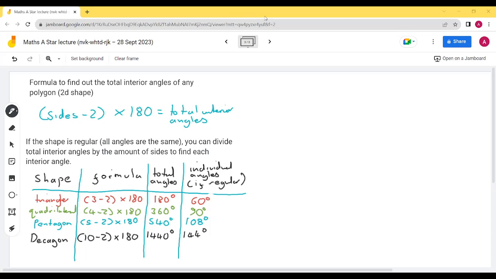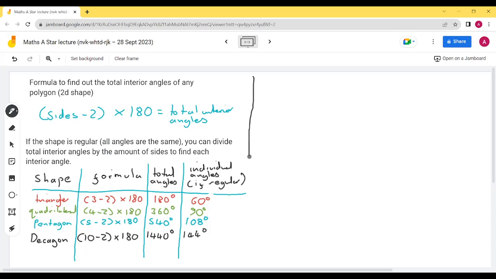All right. So just going to do a question quickly here. It's involving a couple of things. It's involving interior angles, and it's also involving a parallelogram, which is something we haven't actually touched on yet, but I want to show you.